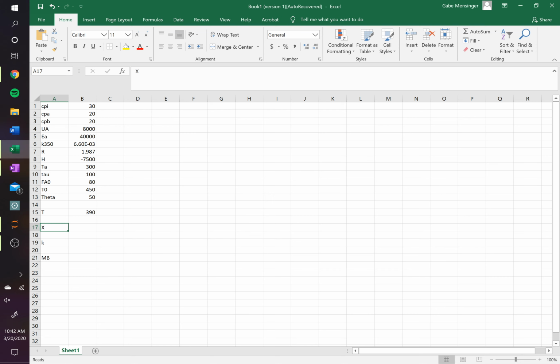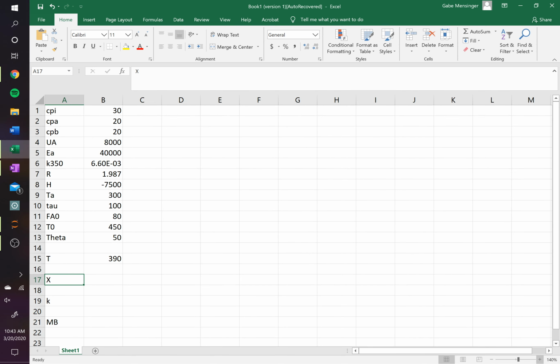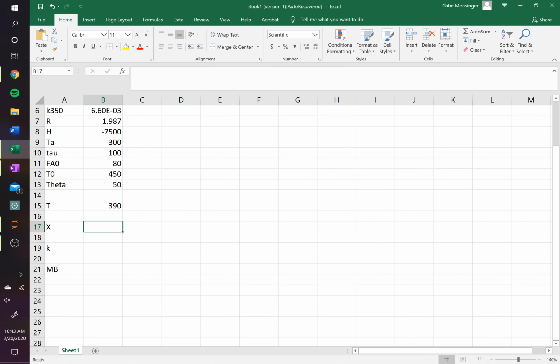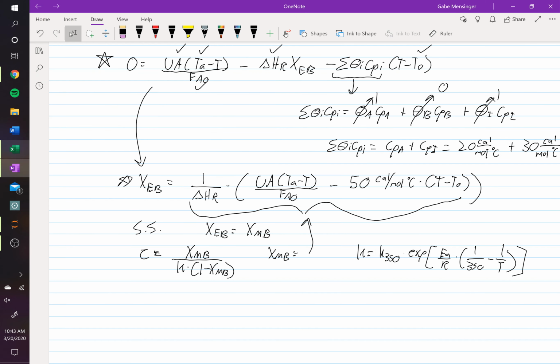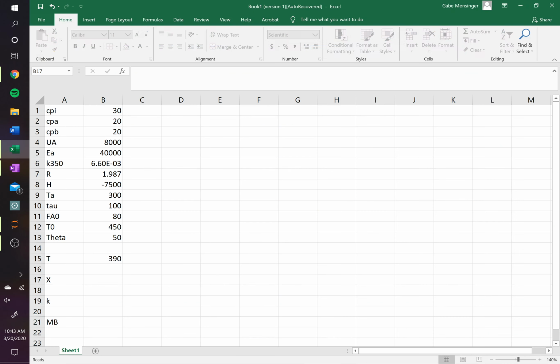Let me zoom in. So our conversion, X_EB, is equal to what was left of our energy balance equation. So we can go back over here and put that in.